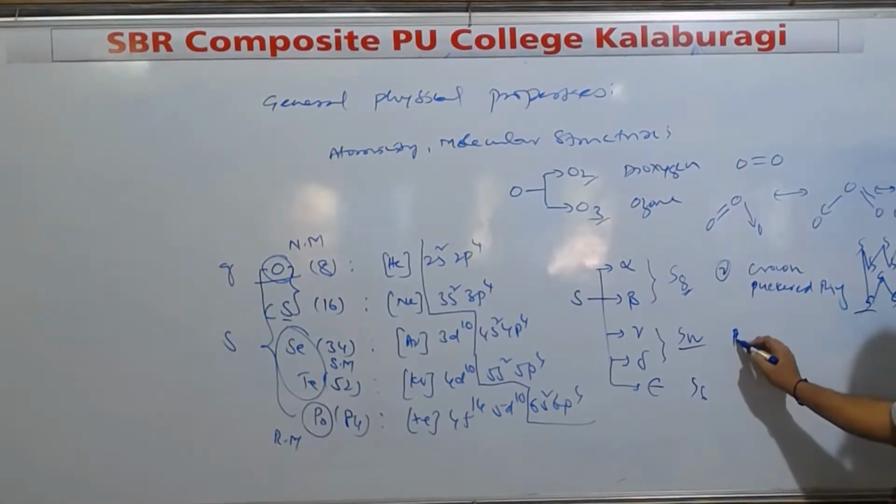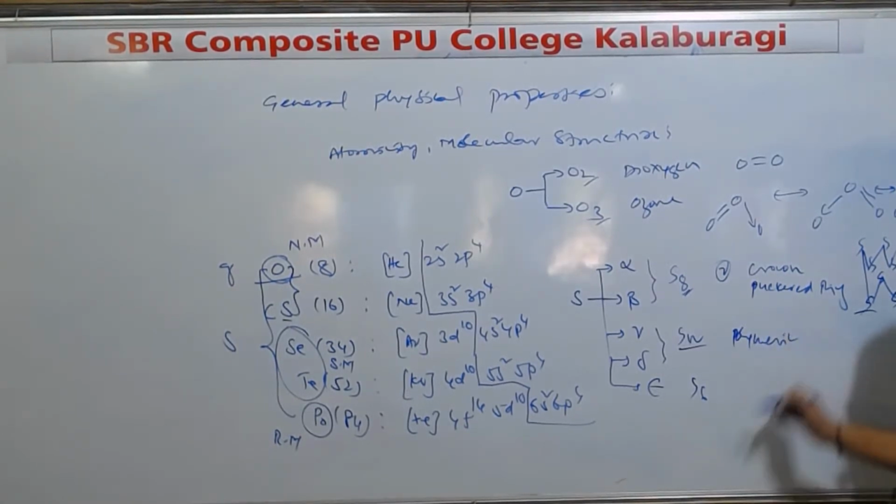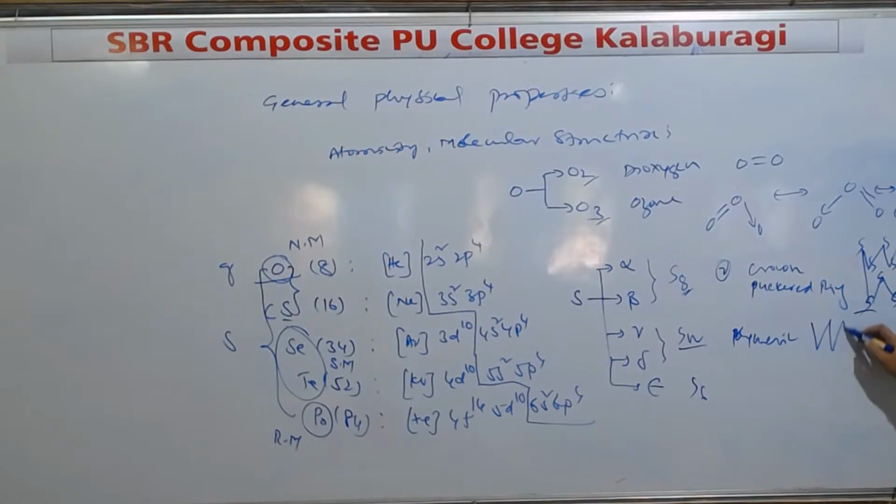Right? What about the remaining forms? That is called the polymeric form, because a number of sulfur atoms are connected with each other, and the shape will be like that. What do you call this shape? The teeth of a saw.